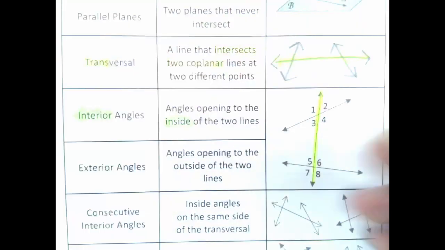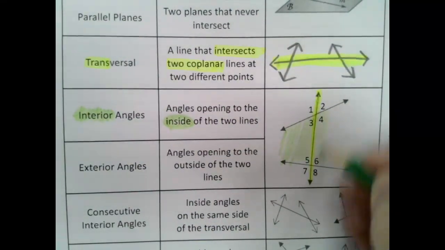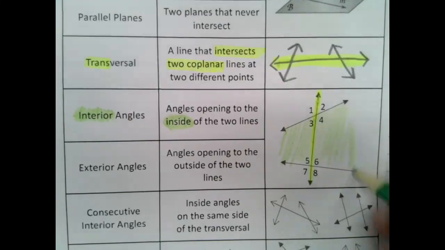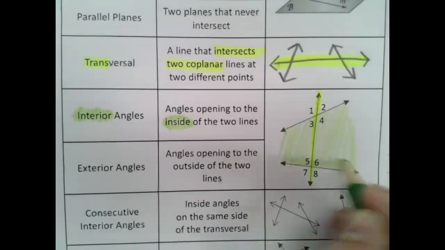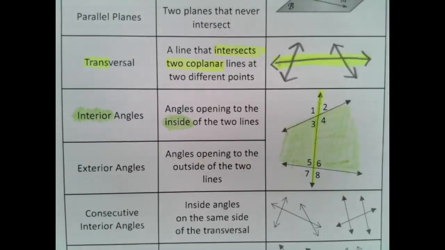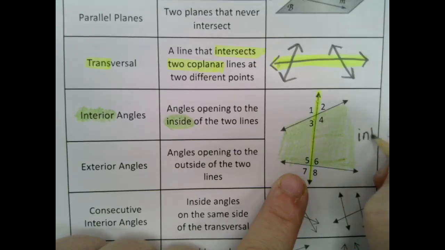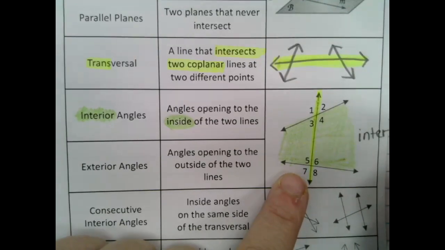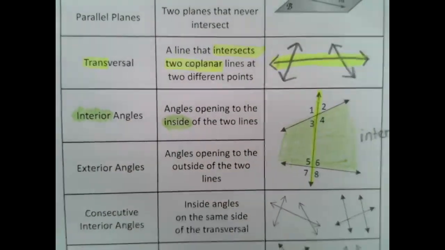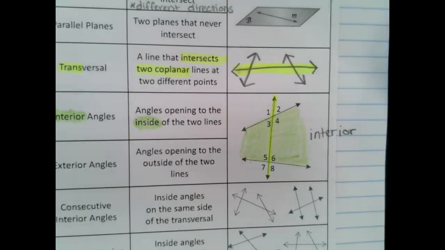It'd be the stuff in between them, like kind of like a sandwich. So our inside is these inside parts here, interior. And if you want to write interior next to that, so that way you know, or color coding might be good enough for you.